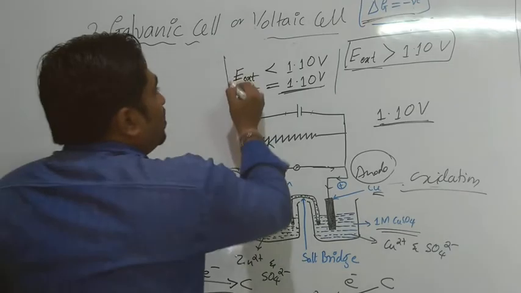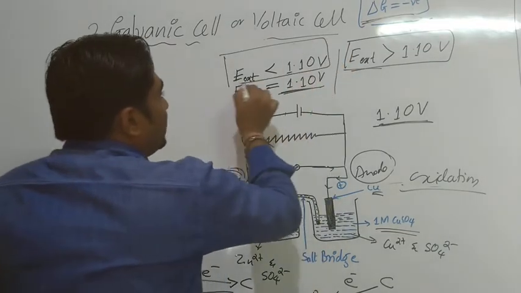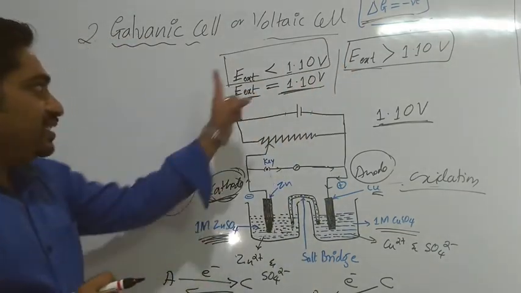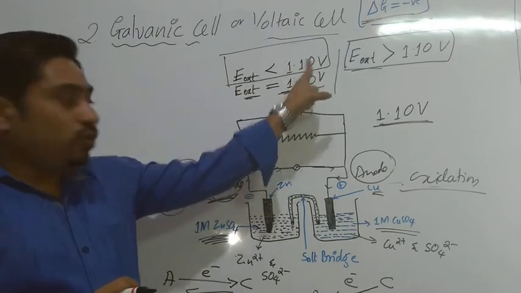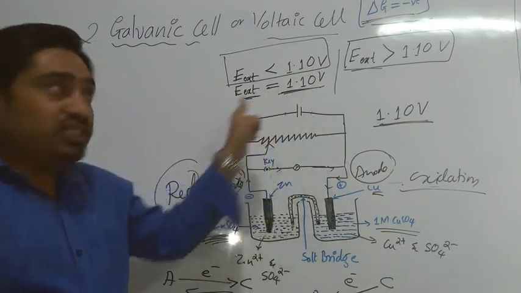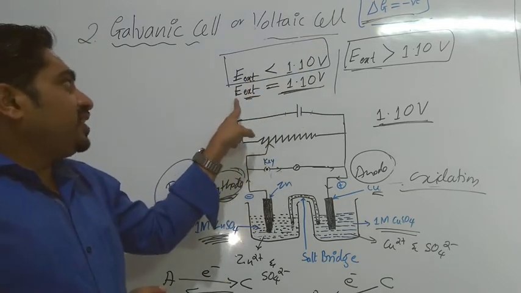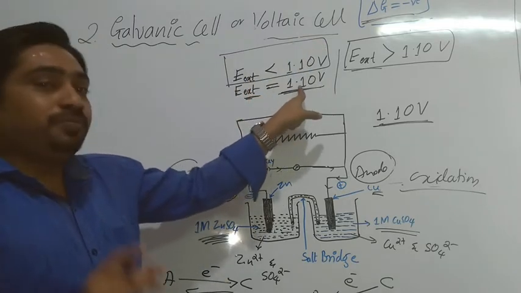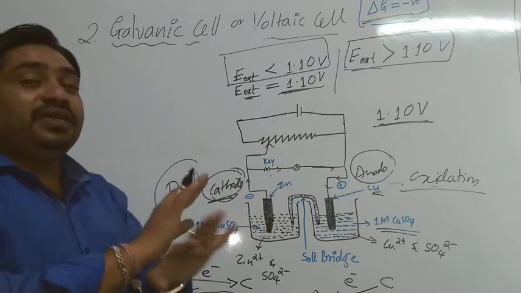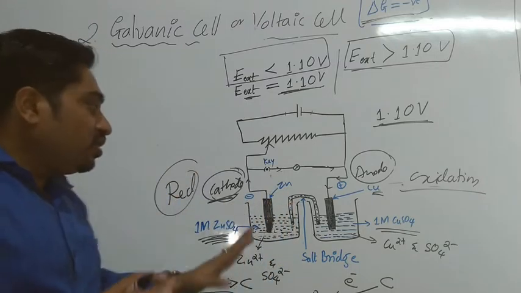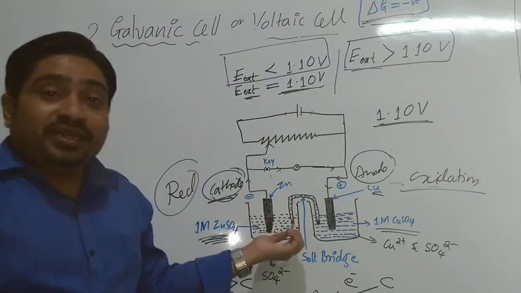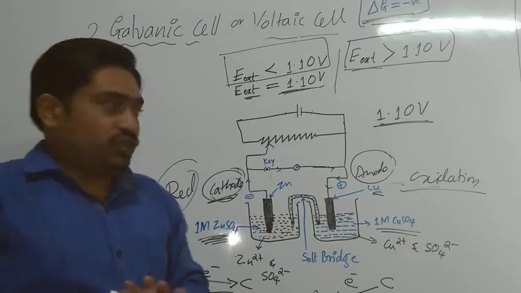See here, when the added external potential is less than 1.10 volt, the cell behaves as a galvanic cell or voltaic cell. If the external potential becomes equal to 1.10 volt, the chemical reaction stops. We cannot detect any chemical reaction at these two electrodes.